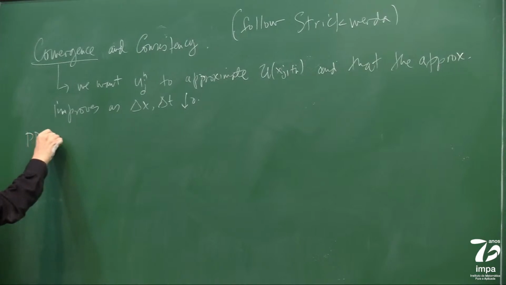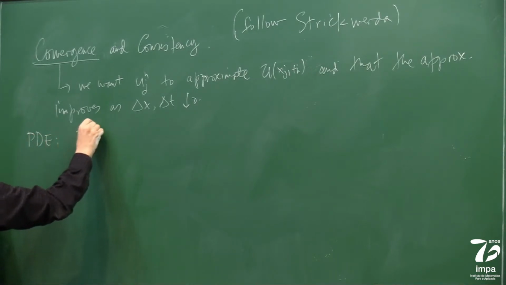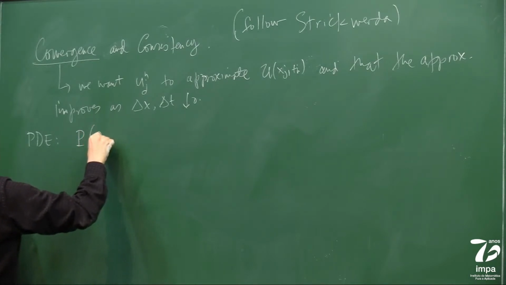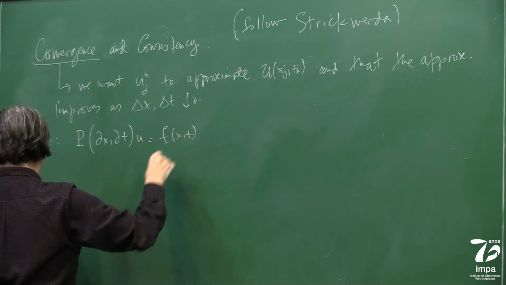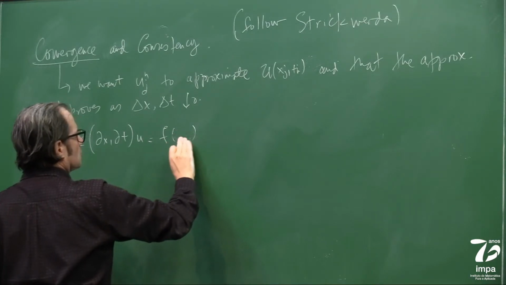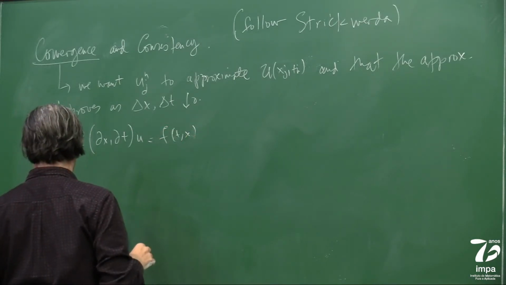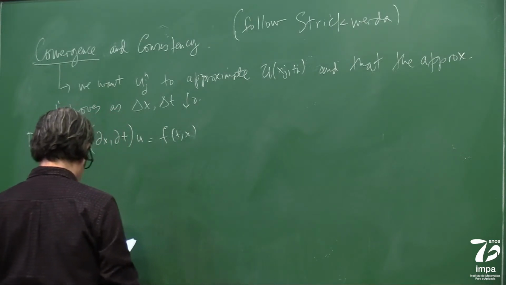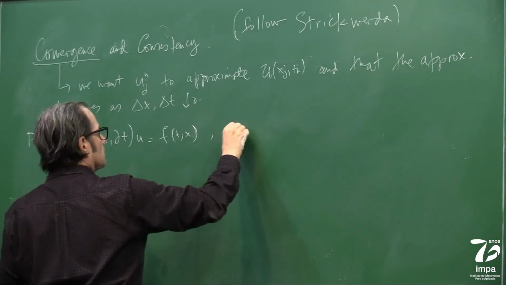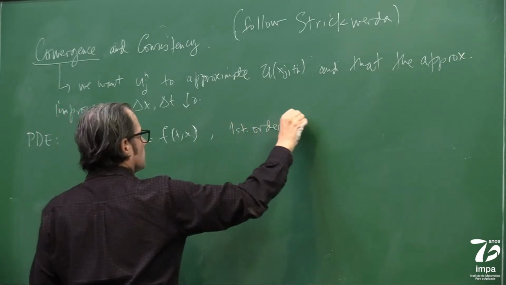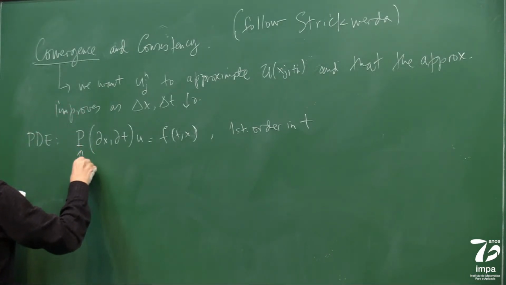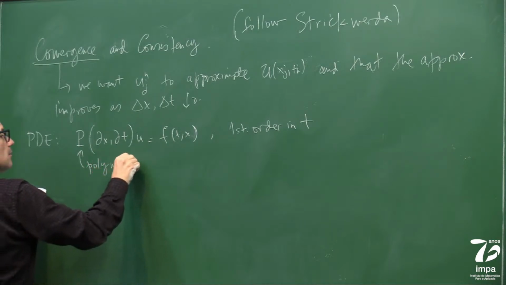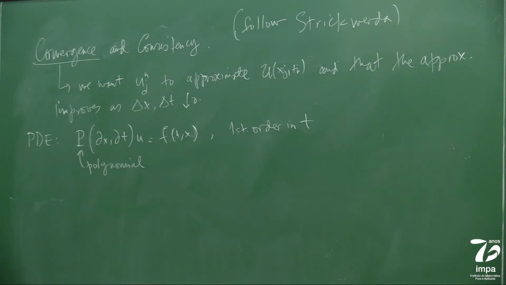At some point, he writes the PDE like this, first order in t, and where this P in his notation is a polynomial, so that's no big deal, just so we can exercise that.